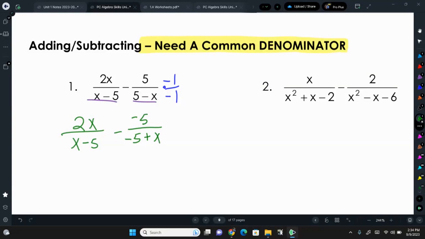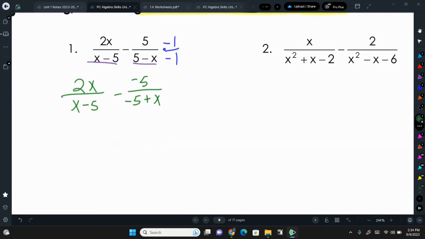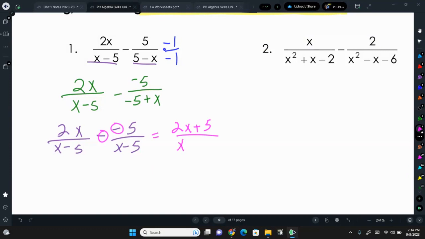And then I'm going to rearrange that so it looks exactly like the first one. So then we have 2x over x minus 5 minus -5 over x minus 5. Well, minus the negative means adding, so 2x plus 5 over x minus 5 is our simplified rational expression.